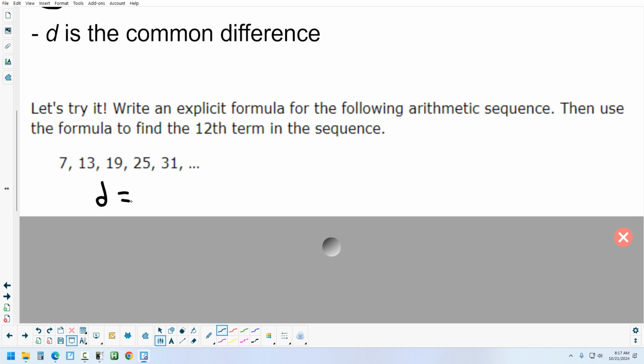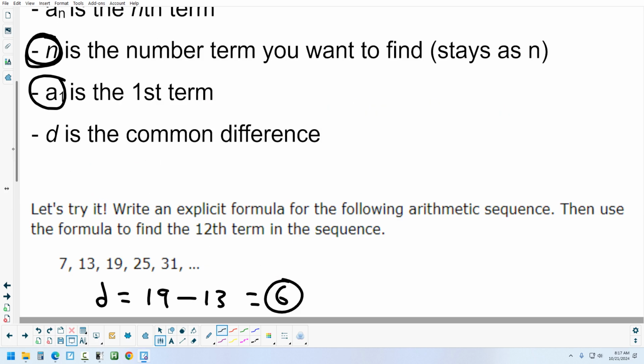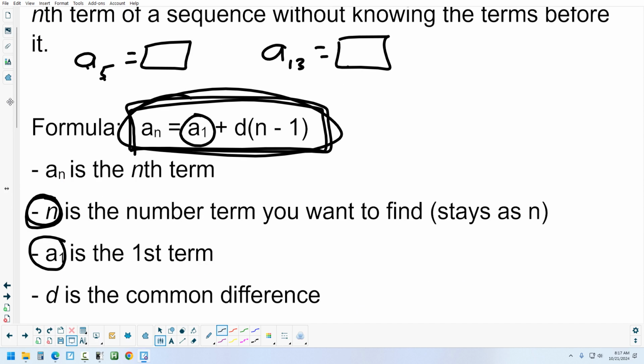How about Ben? Can you tell me how I find my common difference? You subtract, like for example, 19 by 13. Yep, so we could do 19 minus 13, and what does that give me for a common difference? 6. Okay, so we've got the 6. What's something else that I need to know from those numbers if I want to try to use this formula right here?